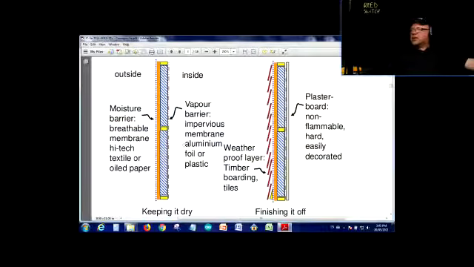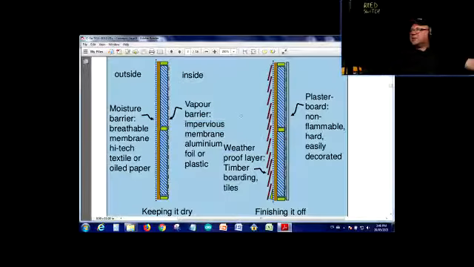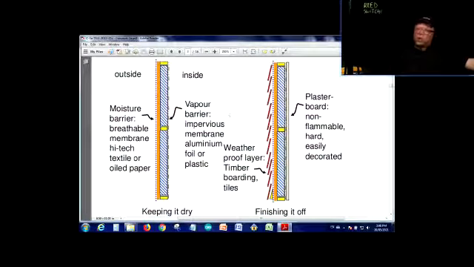All right. Now over here, on this side, is something that's called a vapor barrier. So vapor barrier, impervious membrane, aluminum foil, or plastic. Impervious, it's something like unpenetrable.